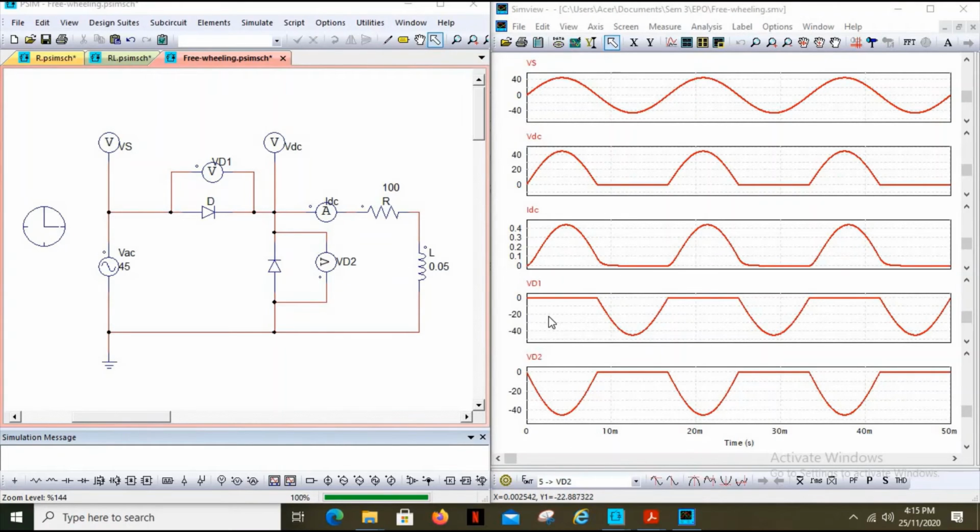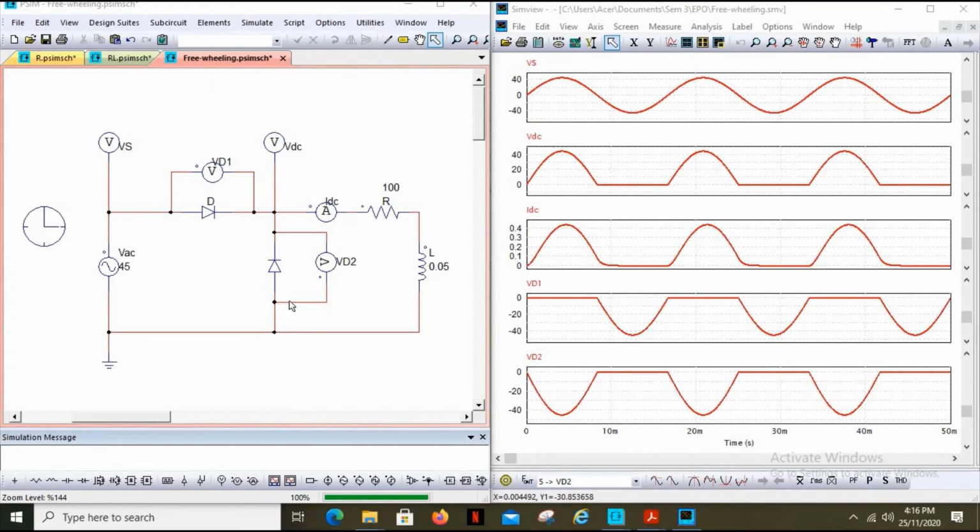So for VD1, as I explained before, in the positive cycle D1 becomes short circuit, so the value is 0. But in the negative cycle, D1 becomes open circuit, so the voltage of D1 is equal to VAC.